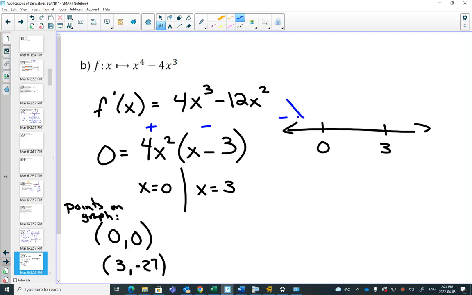This section is negative. I plug in positive 1. This is still positive, this is still negative. Interesting. Still decreasing. What does that tell us at the point 0, 0?